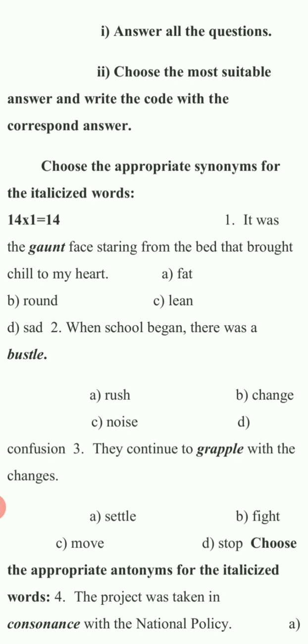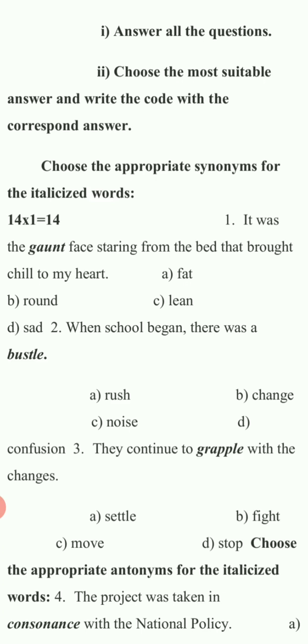First question. It was the gaunt face staring from the bed that brought chill to my heart. Here, 4 options are given. A, fat. B, round. C, lean. D, sad. Which is the correct option? Can you say gaunt means lean?